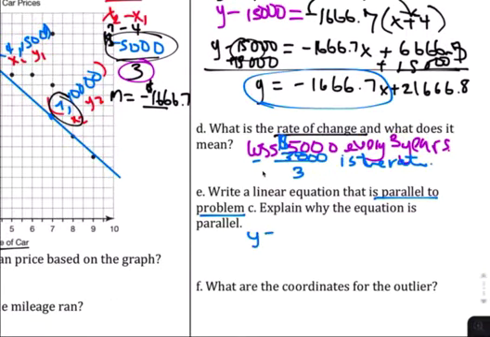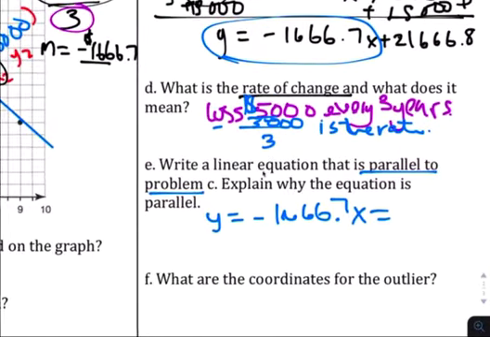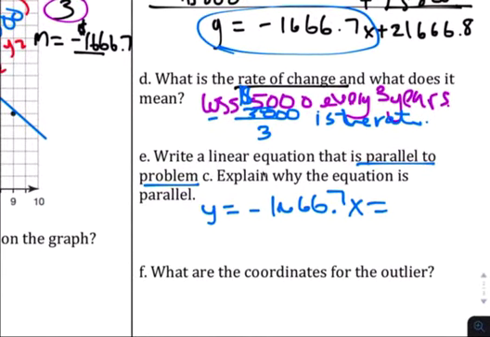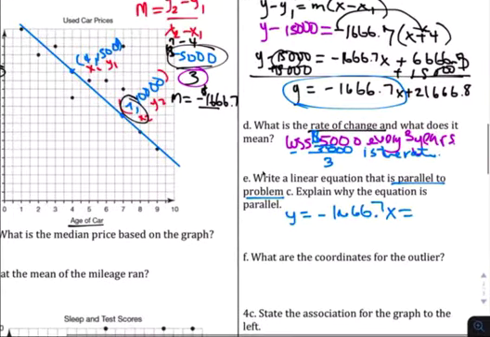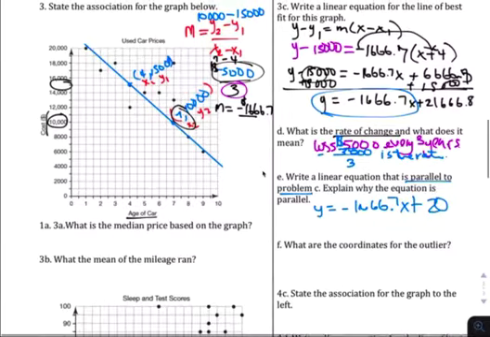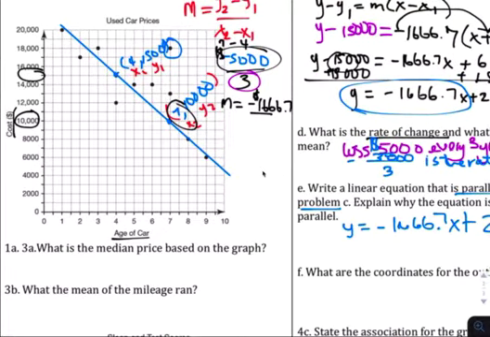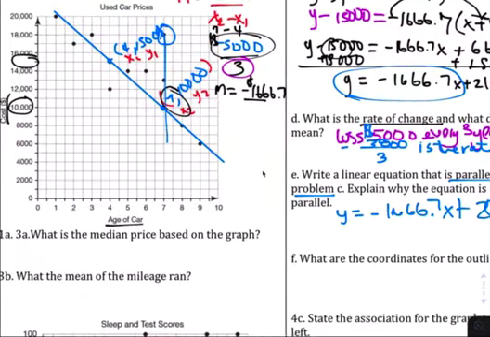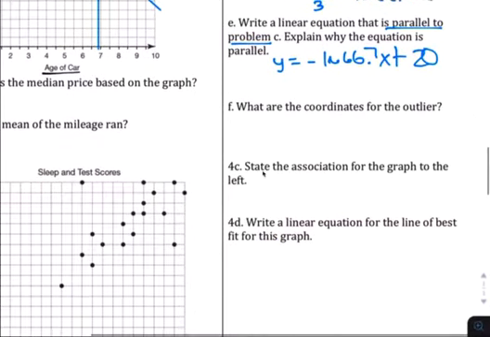So y equals negative 1,666.7x plus 20. Coordinates of the outlier. This is an outlier, right? That is 7 and 18,000.